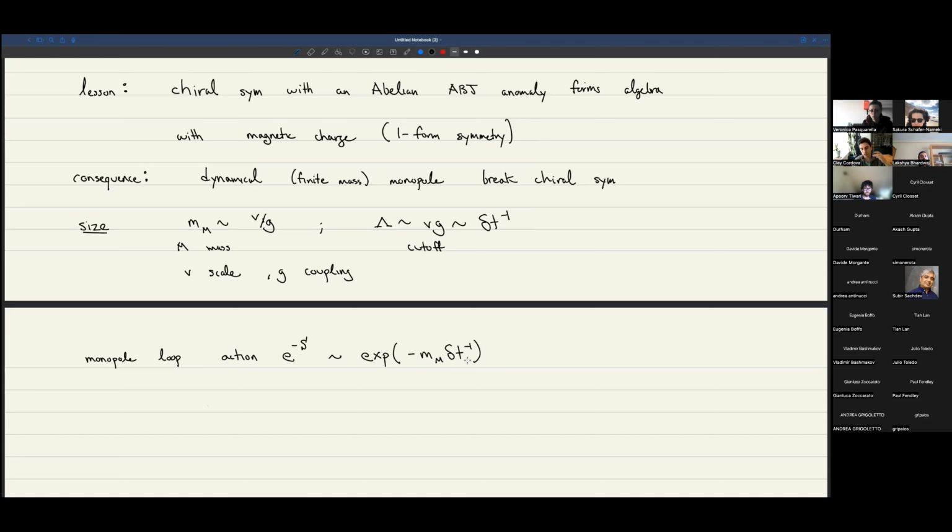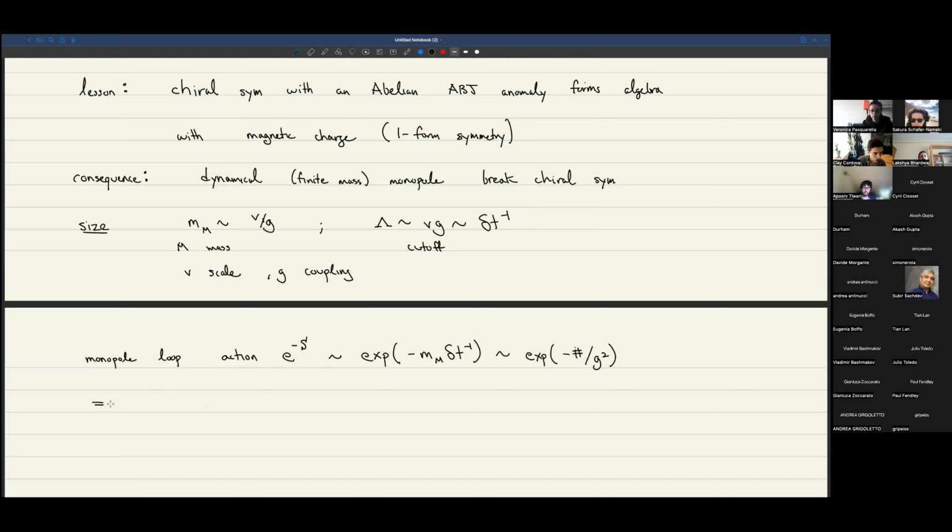That's the saddle value for the loop, if you like. You can just look at these formulas and determine that this is an exponential of minus some number that I can't determine from this very wiggly reasoning, divided by G squared. So the scale V canceled out, but we did get 1 over G squared in the exponent.